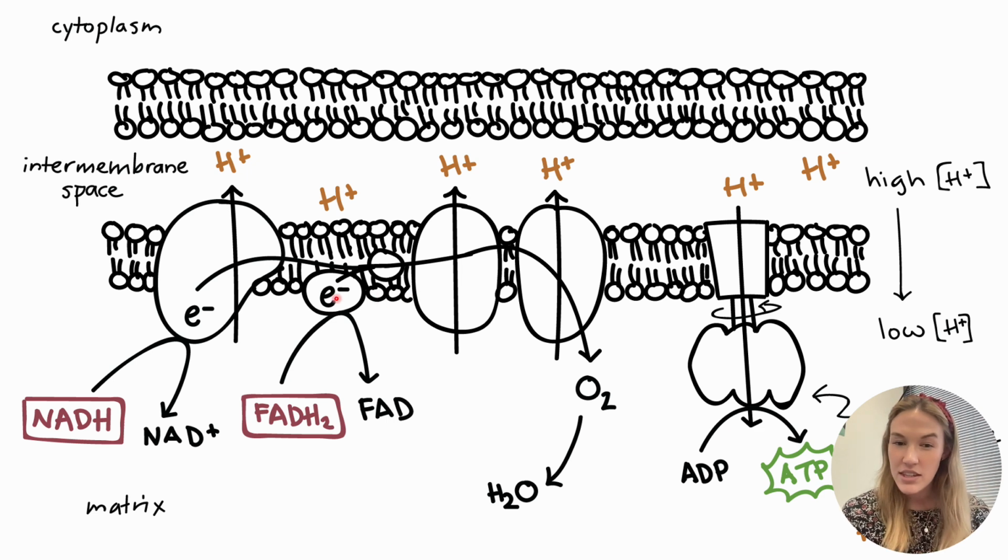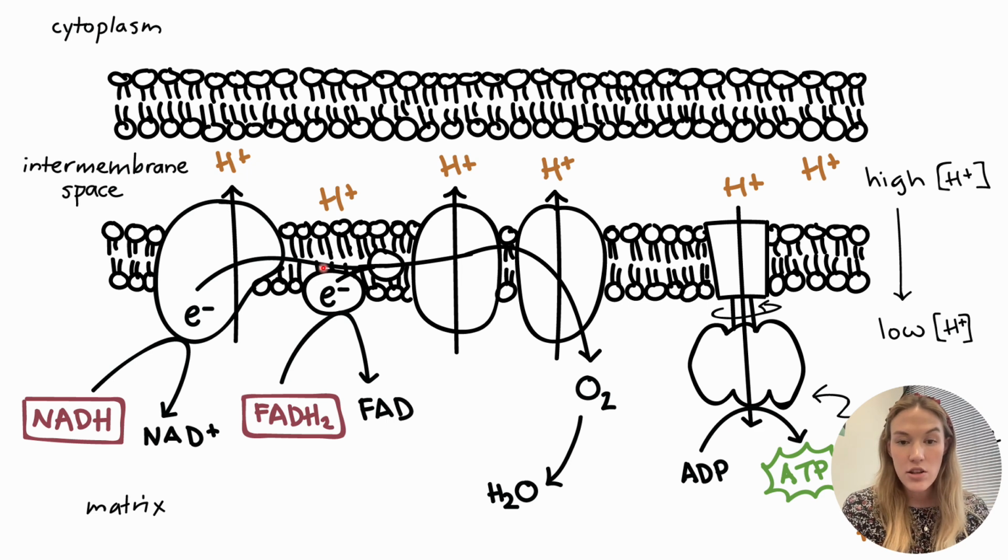Now let's think about these protein complexes. The first complex here is accepting a high energy electron. And remember, almost anything will accept a high energy electron, so we consider this to have a low reduction potential because it'll accept almost anything. It doesn't really want an electron, but it'll accept it because it's a high energy electron.